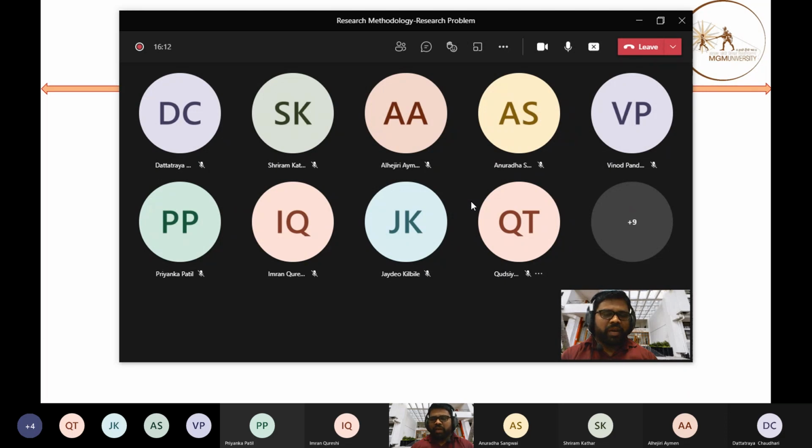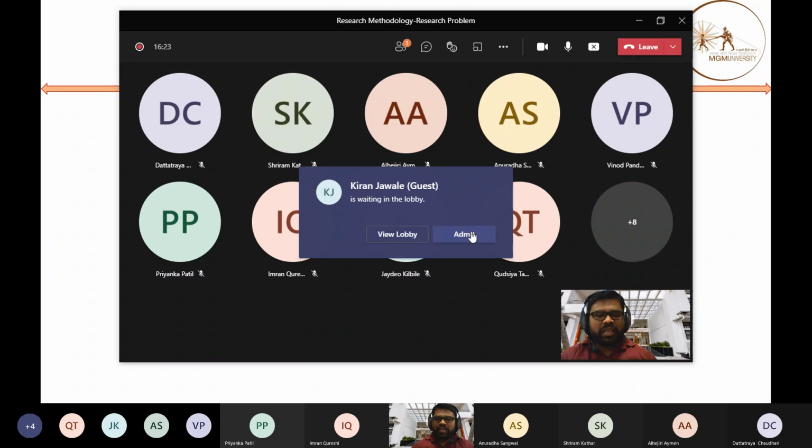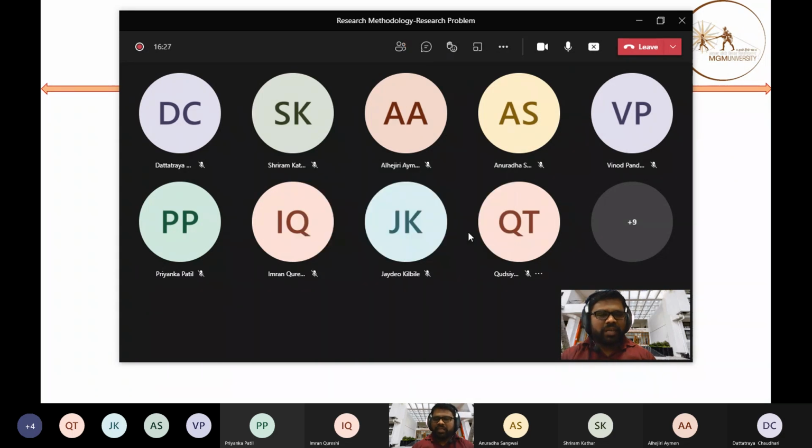In today's lecture we will see what exactly a research problem is, what its important steps are to find the research problem, what difficulties are faced by researchers in India, and what its problems are.